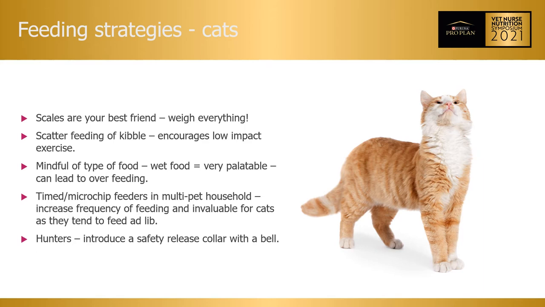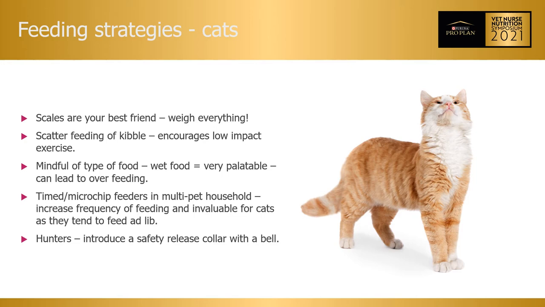And then your hunters. These can prove quite difficult with our weight loss plans, because it really doesn't matter how good the strategy is that you've put in place. There is a risk that they will just go out and source their own food. I would never recommend that we keep these patients inside.